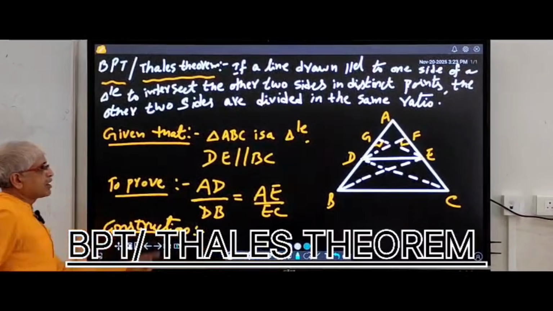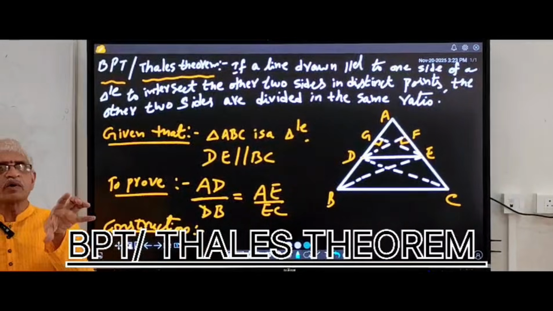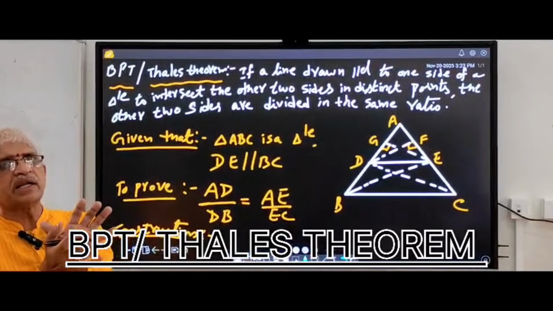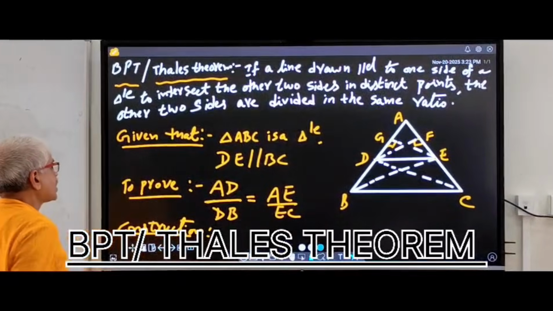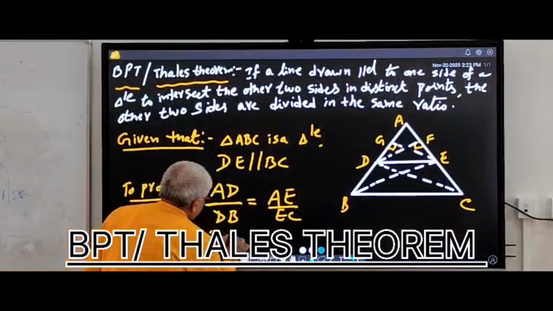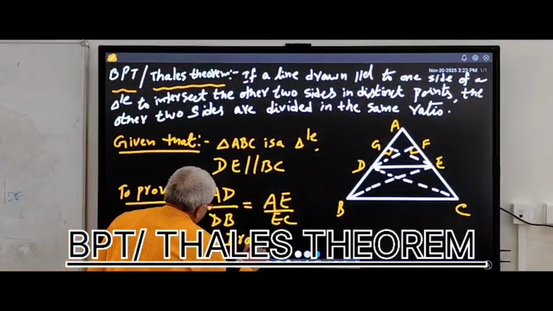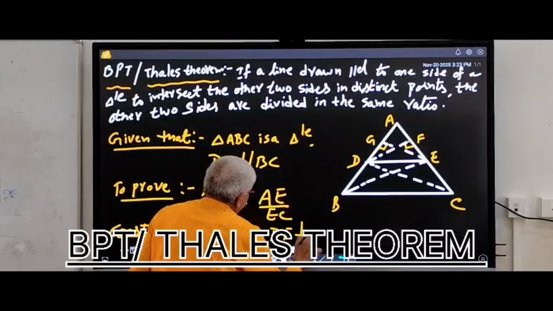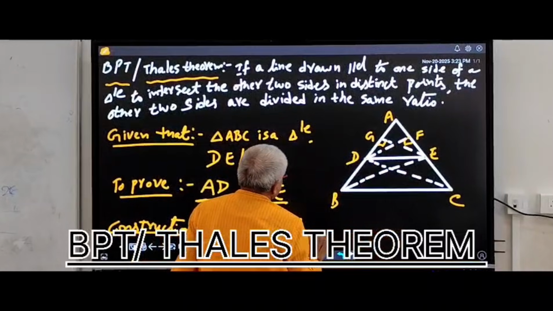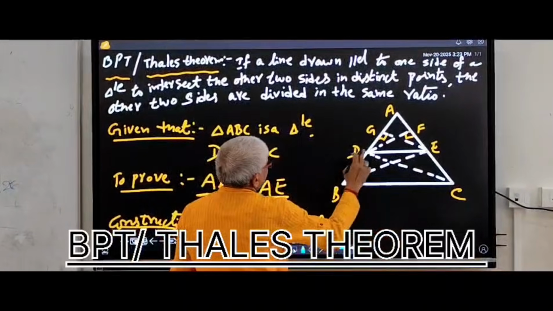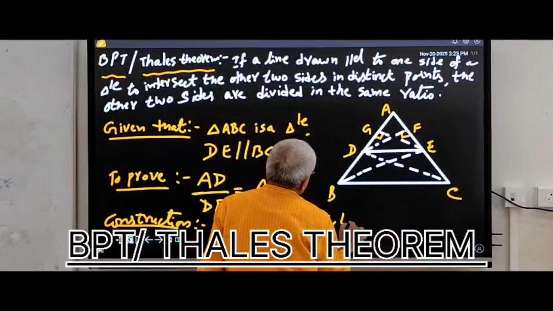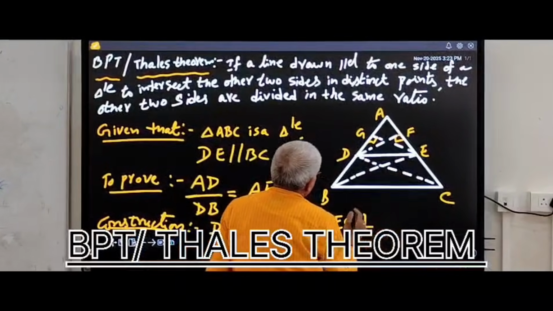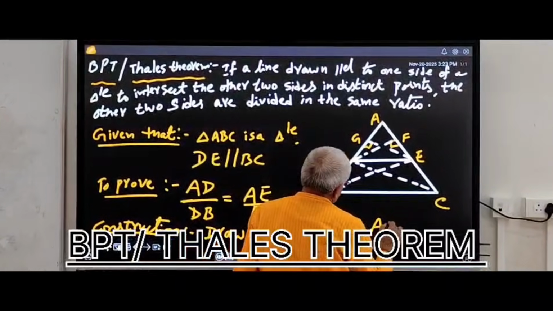To prove our theorem, whatever you have constructed, we write in the column construction. What did we do? We drew DF perpendicular to AC, comma, EG perpendicular to AB.